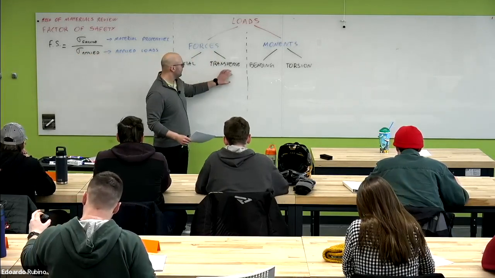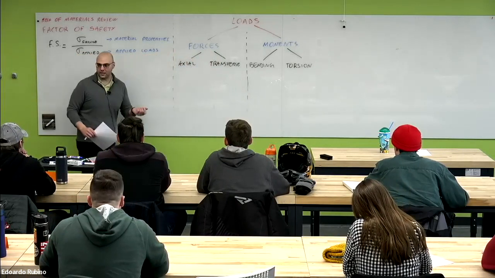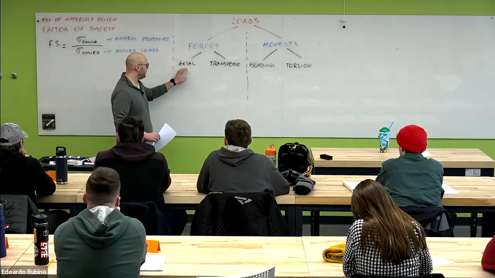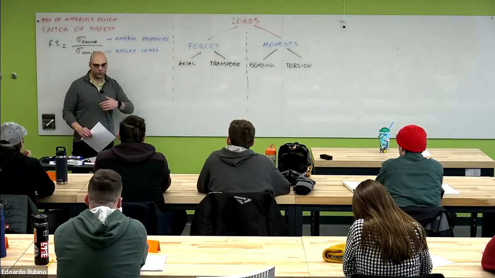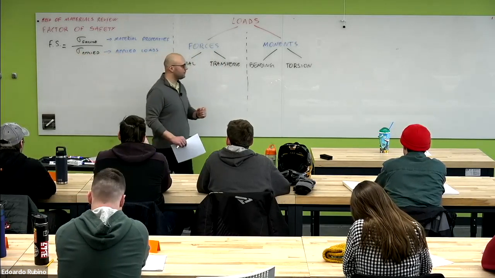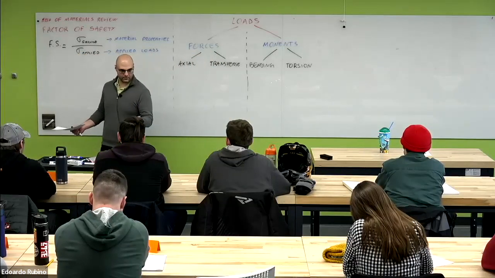So here, I would like to emphasize how we distinguish whether a load is axial or transverse. In order to understand if a force is an axial force or a transverse load, we have to look at the orientation relative to the axis of the beam.